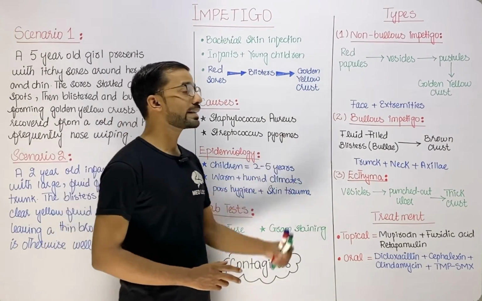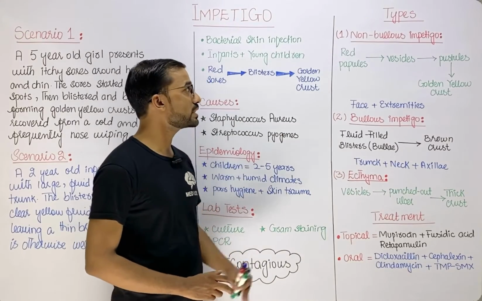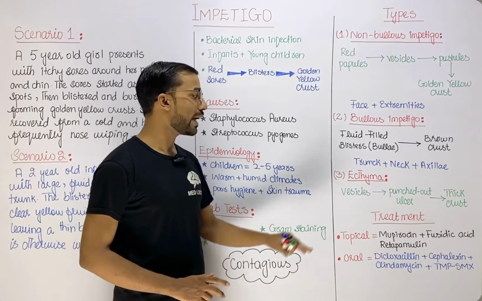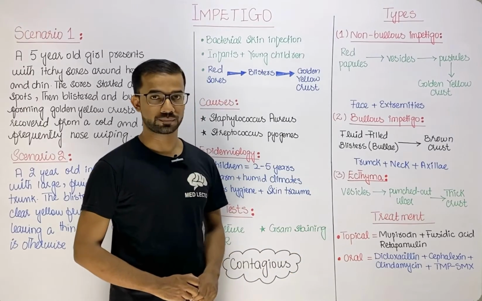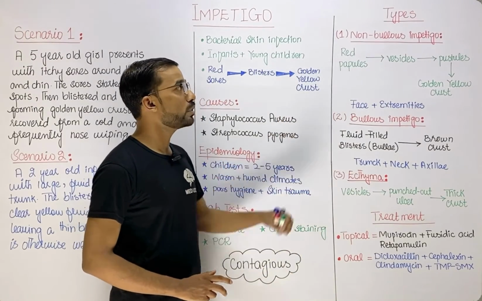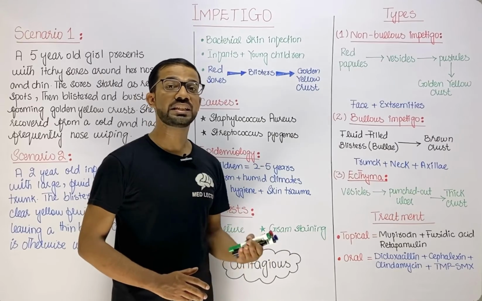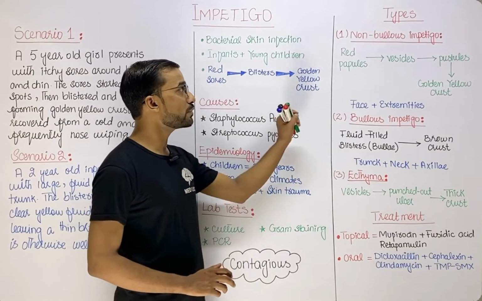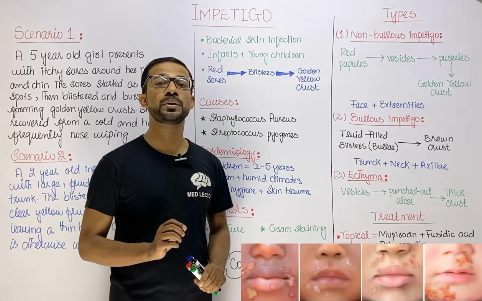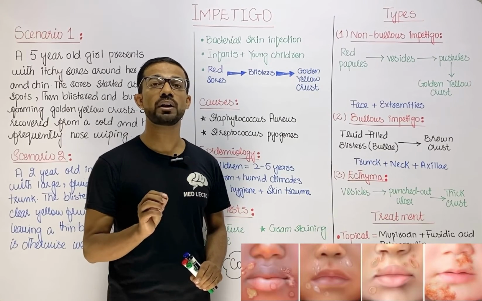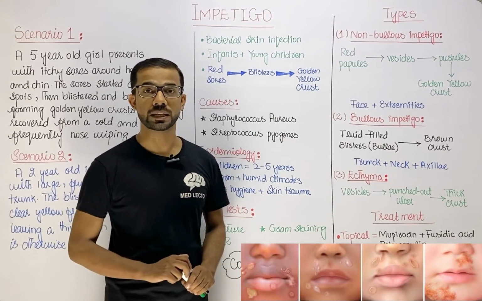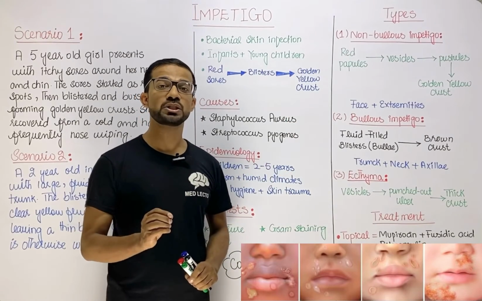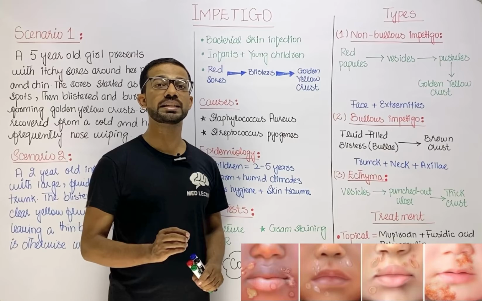Next, if we look at the types of impetigo, first is non-bullous impetigo, second is bullous impetigo, and third is ecthyma. First is non-bullous impetigo. We will see the different stages of non-bullous impetigo. First of all, you will see the formation of red papules. These are just small raised areas on the skin. After that, you will see the formation of vesicles. In the vesicles, you will see the presence of serous fluid.